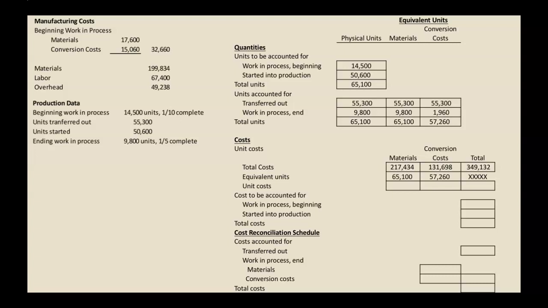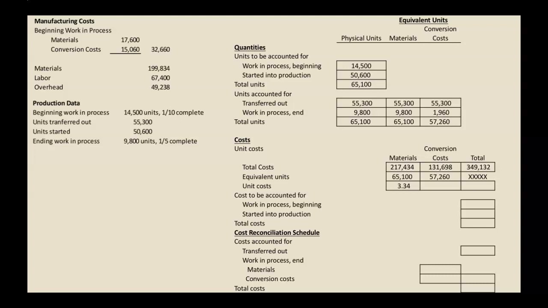Now, we have our unit cost row. How are we going to find that? We take our total cost and divide it by our equivalent units. So our total cost of materials, that was $217,000. Our equivalent units for materials are 65,000. We divide those two, and we find out that each unit of materials cost $3.34.